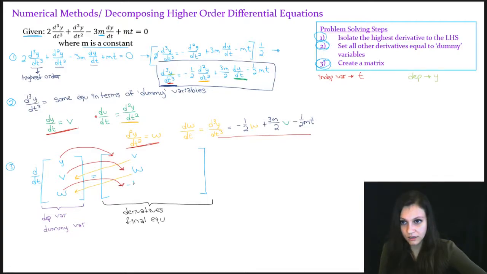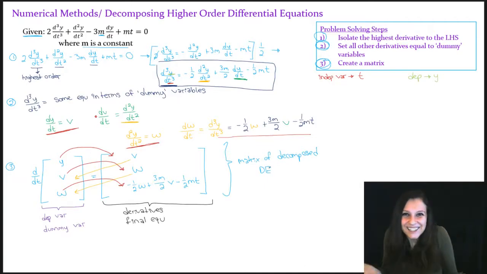So I have negative 1/2 w plus 3m over 2 v minus 1/2 mt. And so this right here is my matrix of the decomposed differential equation. And so that's it.